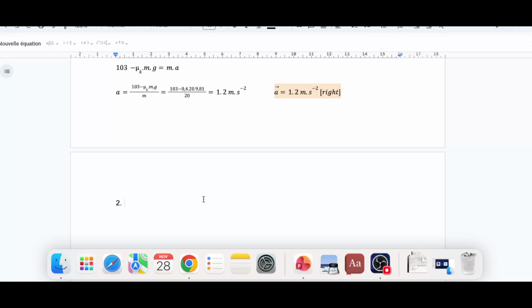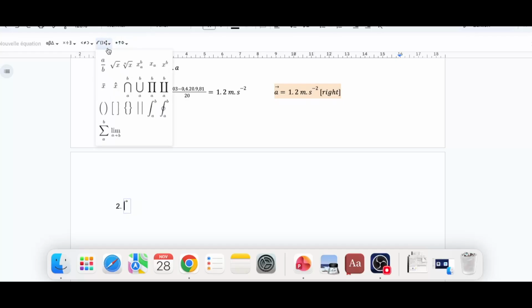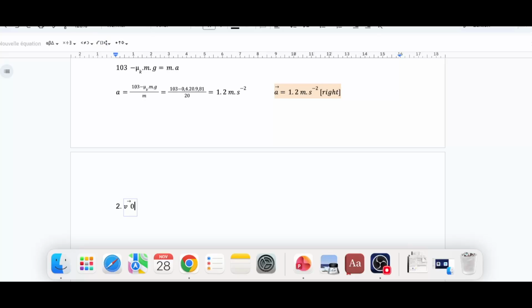So let's go. All we know is the initial speed is 0. It's 0 meters per second.